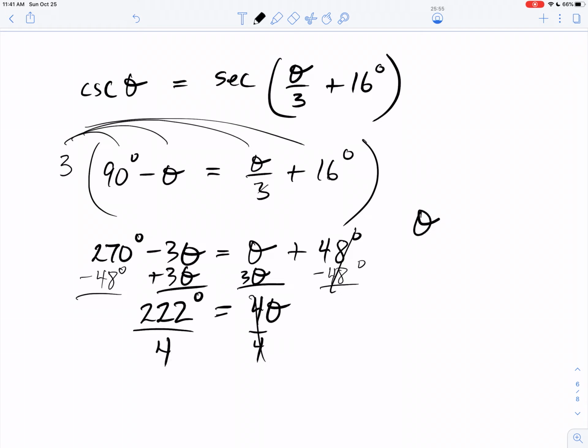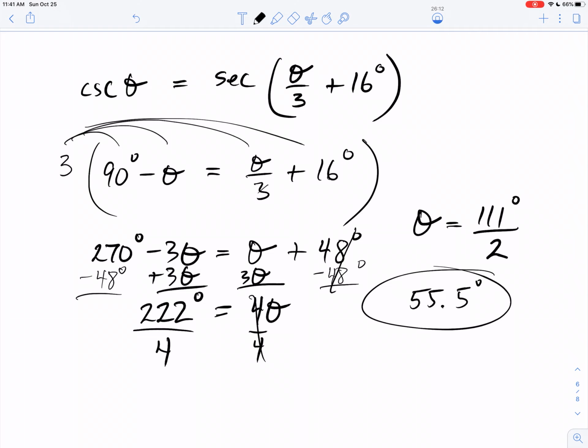And my answer for theta turns out to be a reducible fraction, which is 111 degrees divided by 2, or that's the answer they would have in the book. Now, technically, 55.5 degrees would also be valid. I'm just trying to tell you, if they give you a fraction in the book, they're going to give you a fraction answer back.